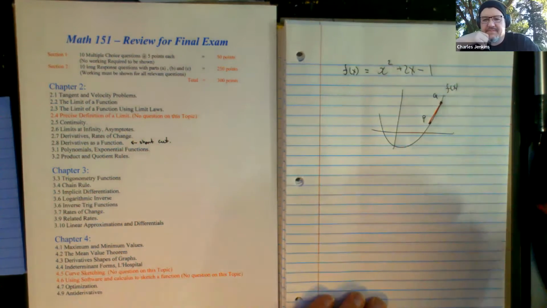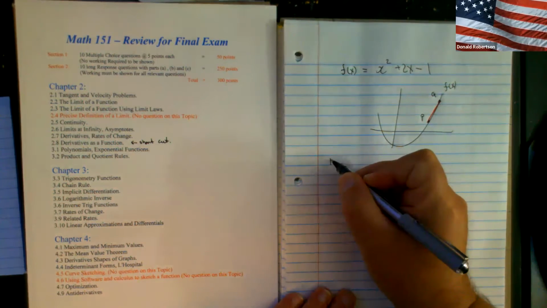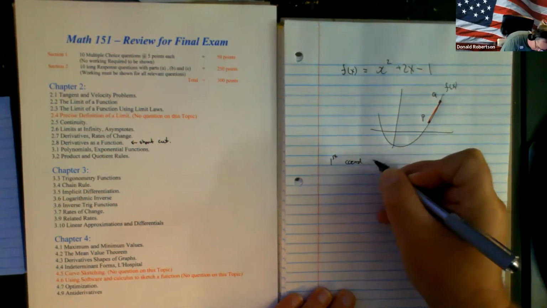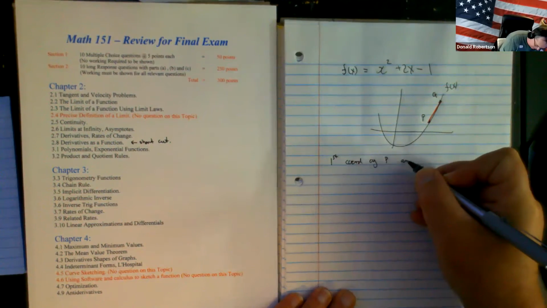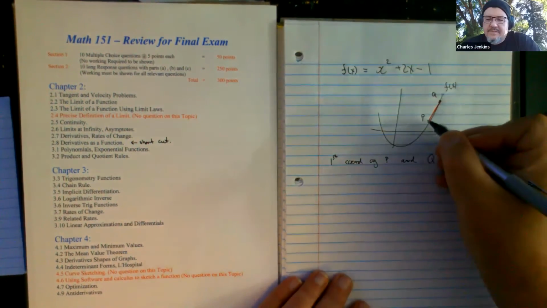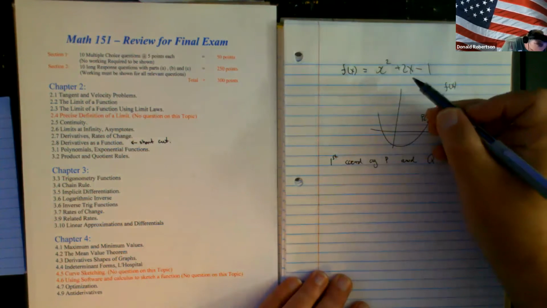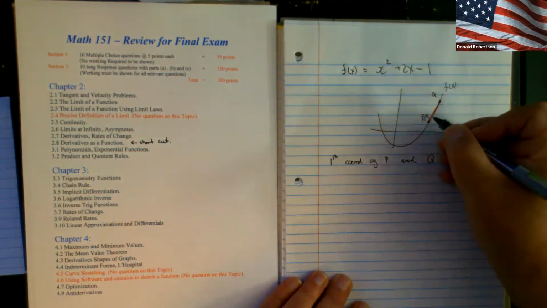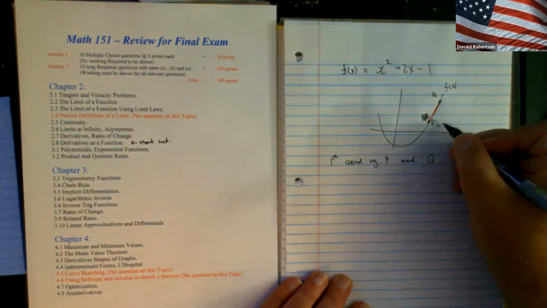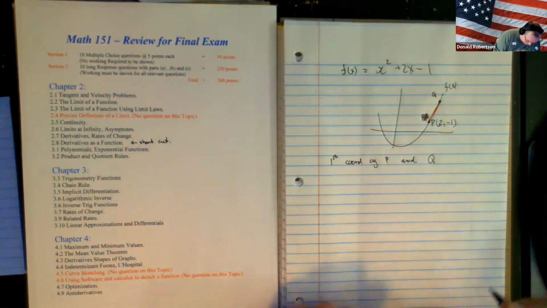Okay, so the steps would be, well, first thing you need to do, obviously, is find the coordinates of P and Q. Now, let's suppose that P was 2 comma -1, just for argument's sake.